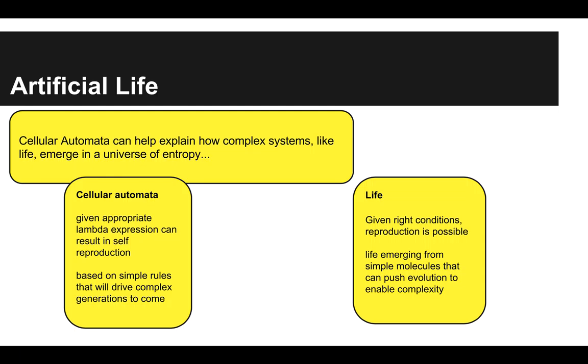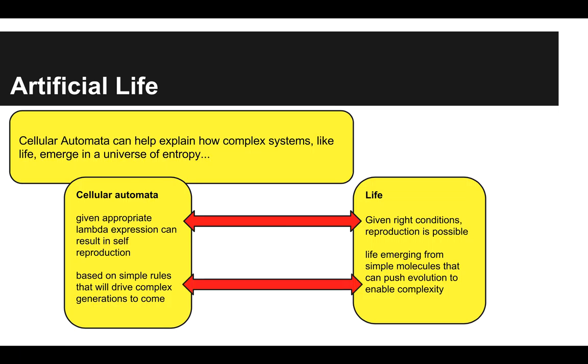The first one is, given an appropriate lambda expression or condition, it can result in self-reproduction, kind of like how we saw earlier in the Java program and the little animations I showed you guys. This is equivalent, of course, to given some right conditions in life, reproduction is possible, right?